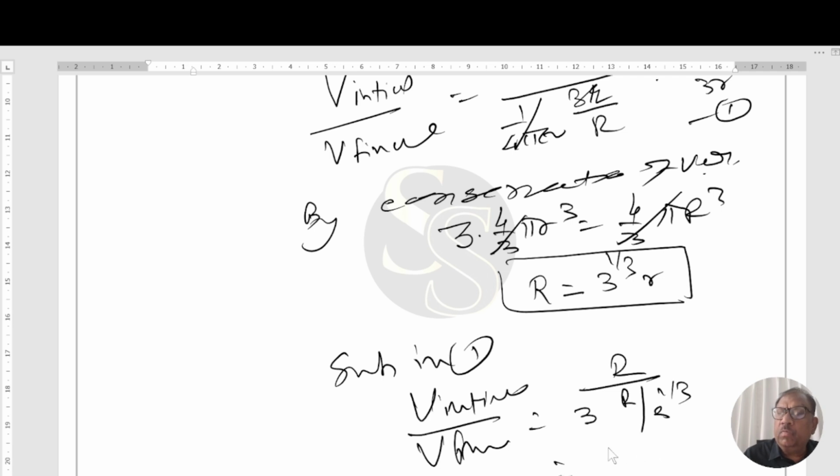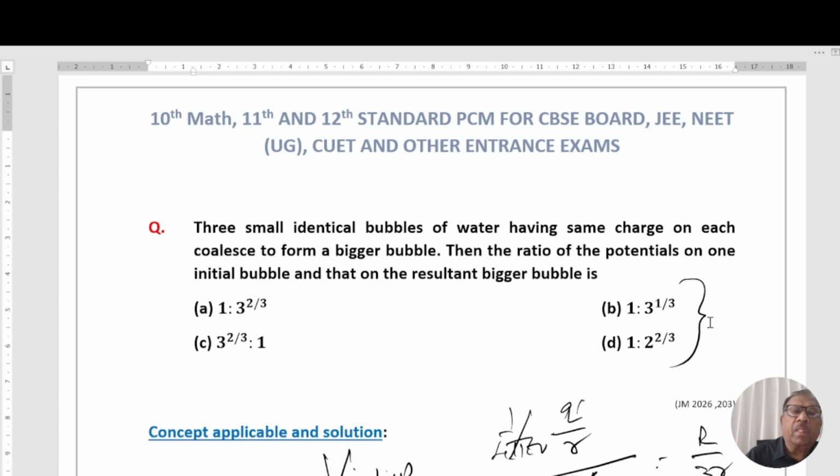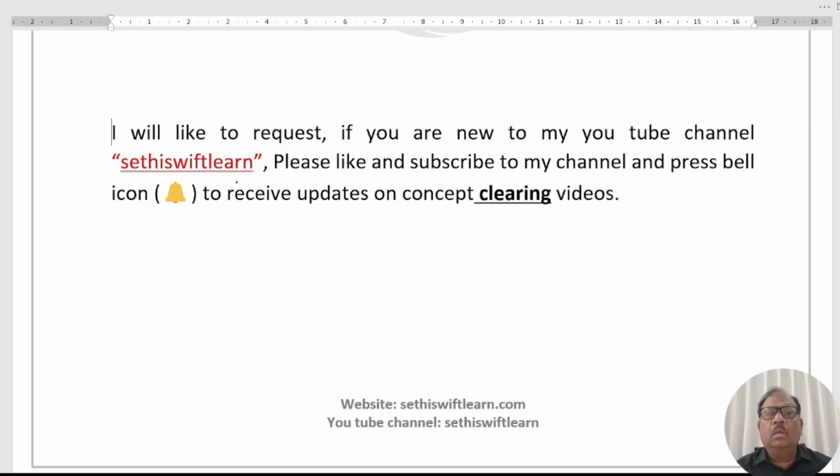That comes out to be 1 is to 3 to the power 2 by 3, that is 1 is to 2. The correct option is A, right?